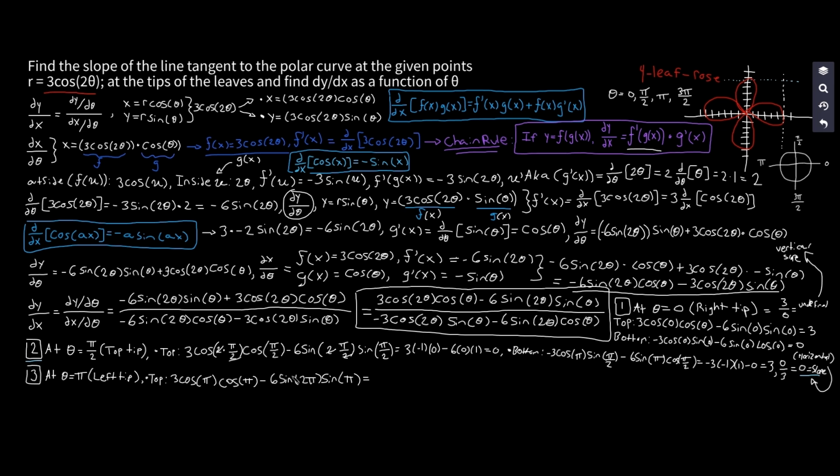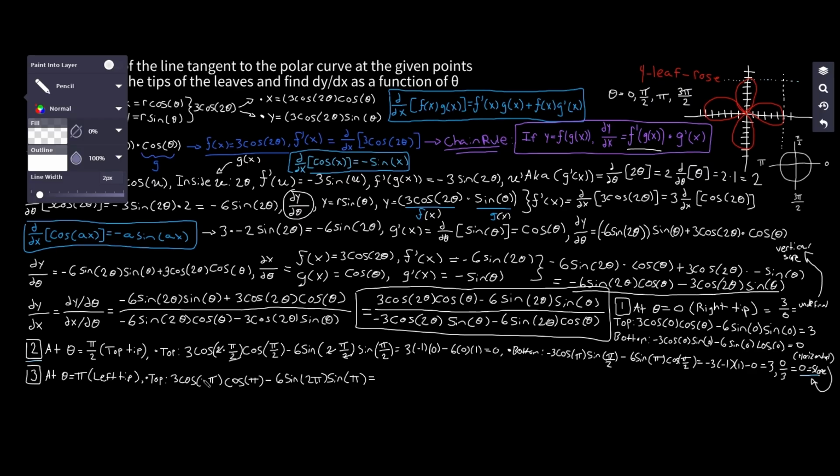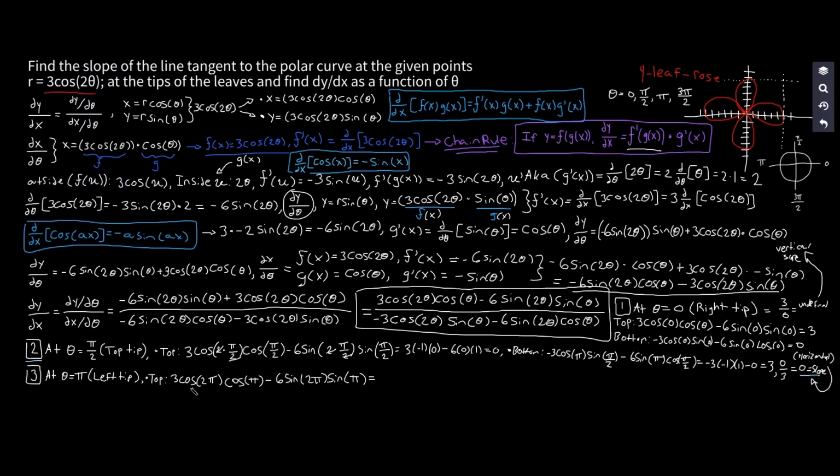Oh, shoot. Okay. I'm sorry, you guys. I don't know why I wrote cosine of pi. It should have been cosine of 2 pi. Cosine of 2 pi, right? Okay, so we're starting off with a 3. 3 times cosine of 2 pi.